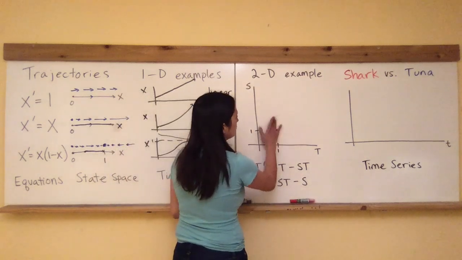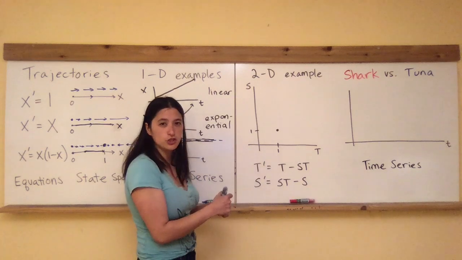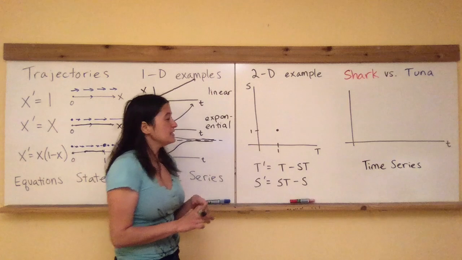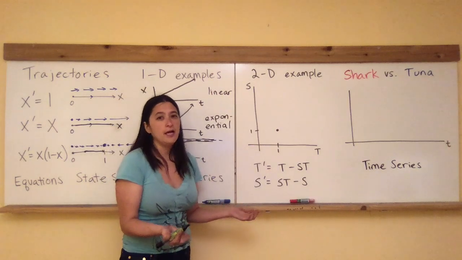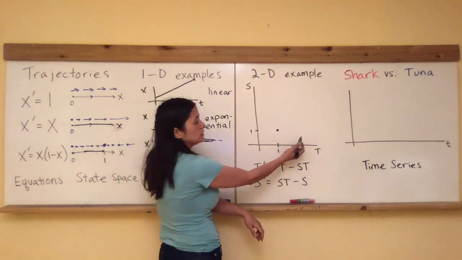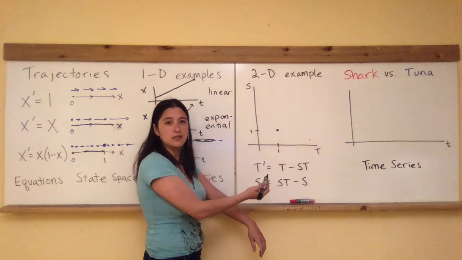And I'll get rid of these two vectors that we had practiced on and replace them with what's called a trajectory. So a trajectory in the state space is something that starts somewhere. It's always got to have a starting point, and here we're going to call that the initial condition. Let's say that we have an initial condition with a lot of tuna and not so many sharks in the sea, right?